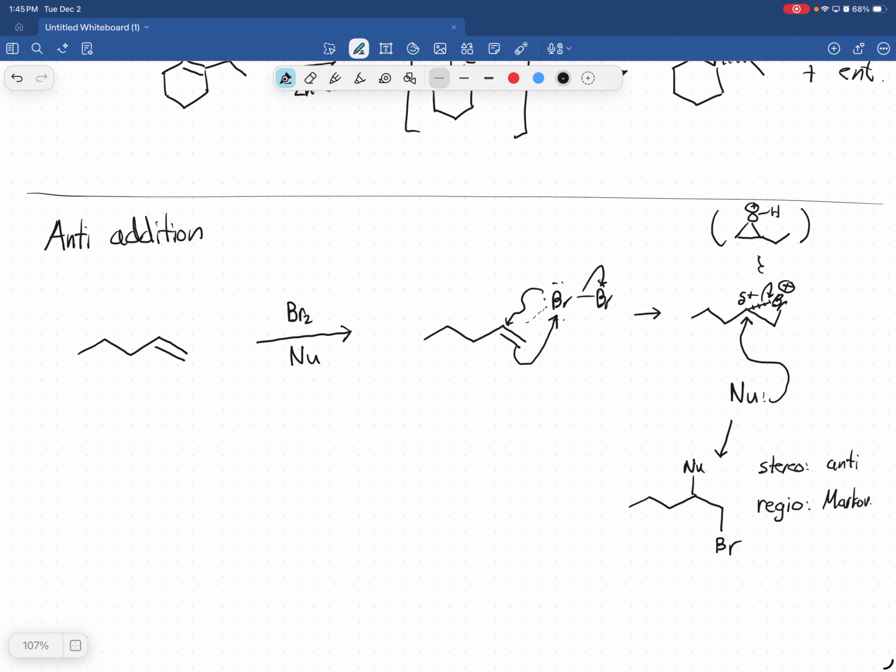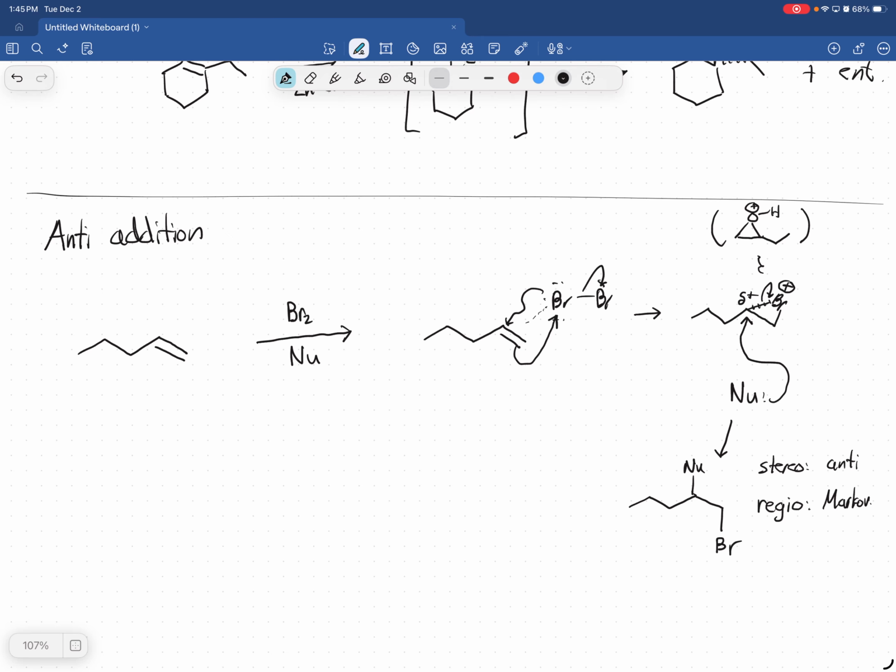All right, so you won't see this with acids like HCl, HBr, and that's because they generate carbocations. There's no preference for anti-addition or syn addition because the two groups can add on either face, right? Here, you're trapped. The bromine is blocking one face, so you're going to add the nucleophile from the opposite side, and that's how we open that.